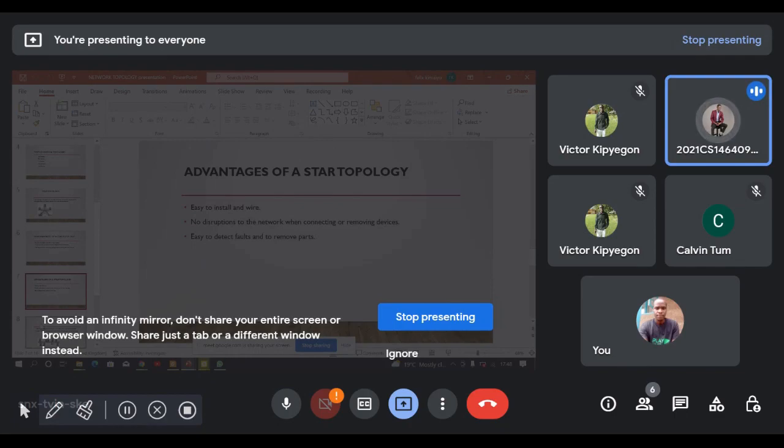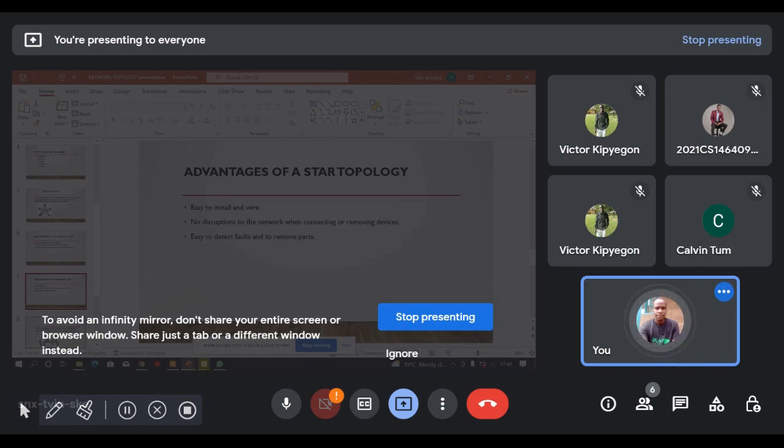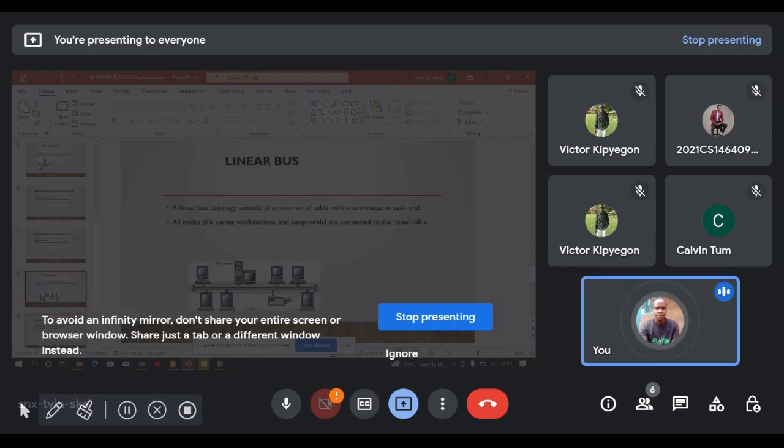Lastly, easy to detect faults and to remove parts. Yeah, it is easy to install and wire in that it does not require somebody who has used it before. As long as you have the concentrator or the hub and the nodes, it will be so easy for you to connect.